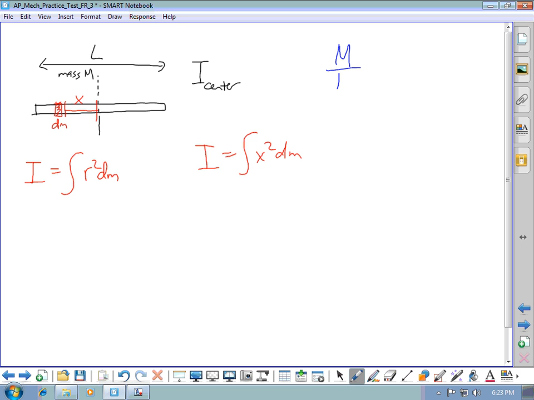The total mass over the total length of the bar equals the mass of just the little piece dm over the length of the little piece dx. So dx is just the width of this little piece here. So that ratio has to be true. Again, if you can find the mass per length and you multiply by the length of your little piece, that gives you the mass of that little piece.